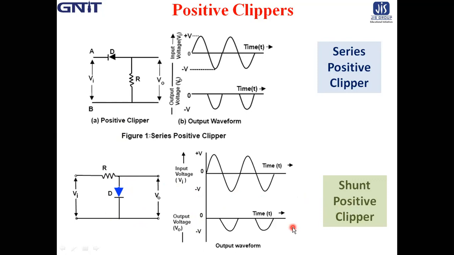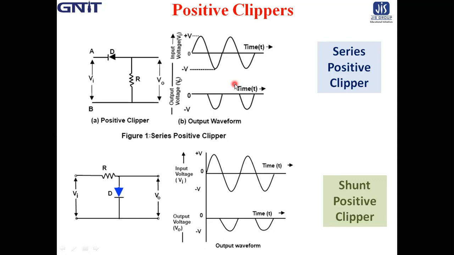Series positive clipper circuit consists of a diode and a resistor, and the output voltage across the resistor is taken. The diode is considered to be an ideal open switch when the input voltage is positive, and an ideal closed switch when the input voltage is negative.